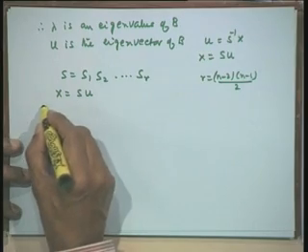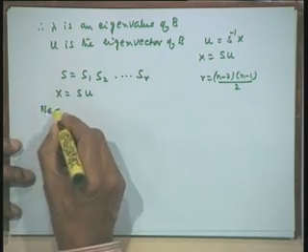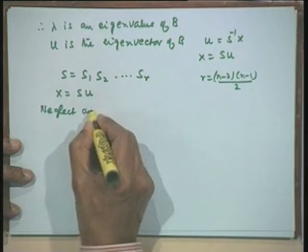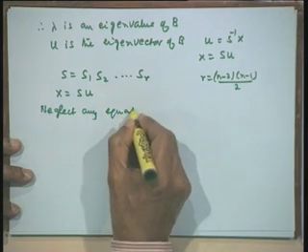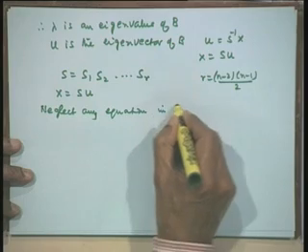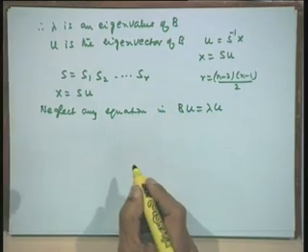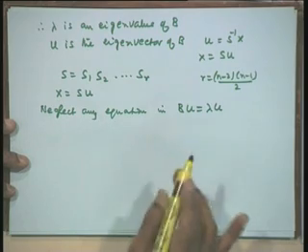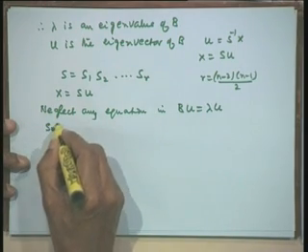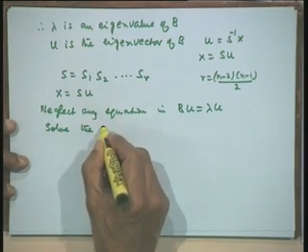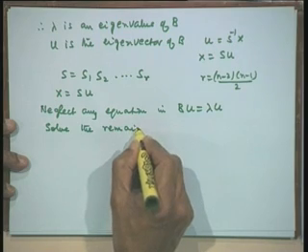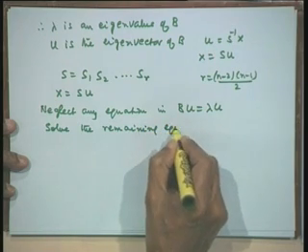So, for finding u, neglect any equation in B u is equal to lambda u. So, that is what we have, B u is equal to lambda u, neglect any equation in this, solve the remaining equations.